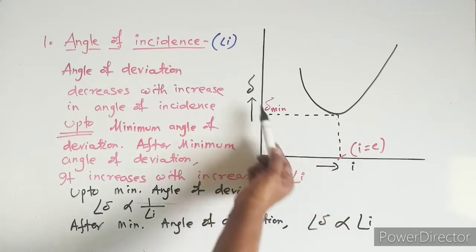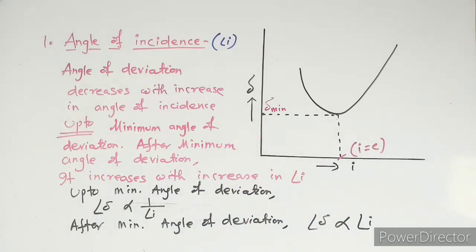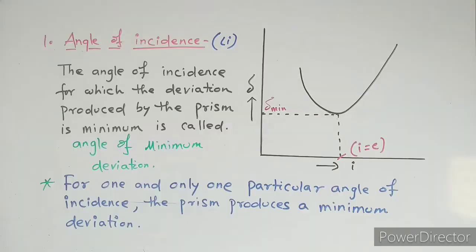This one is known as the I-D curve. Now let us see what the minimum angle of deviation is.